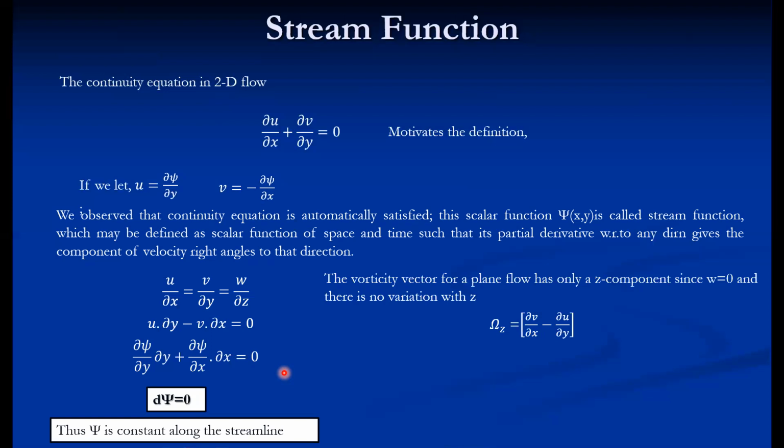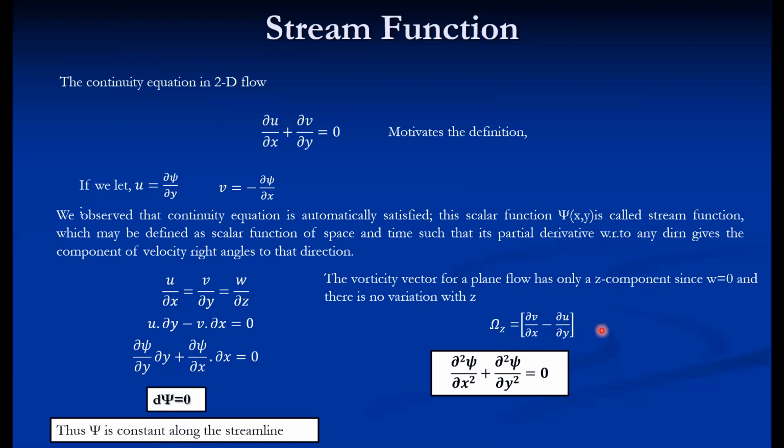Now if we put the values of u and v in terms of ψ, ∂ψ/∂y and ∂ψ/∂x, then it becomes ∂²ψ/∂x² plus ∂²ψ/∂y². It does not automatically come equal to 0, because this is minus ∂²ψ/∂x² and this is also minus ∂²ψ/∂y².